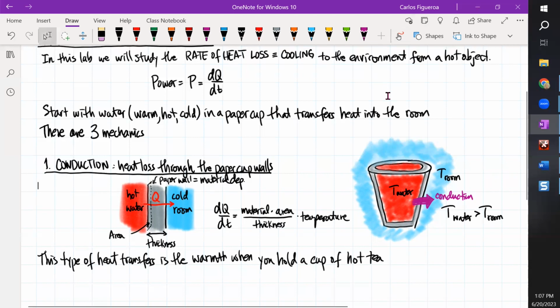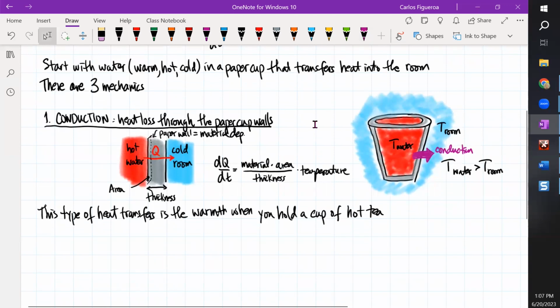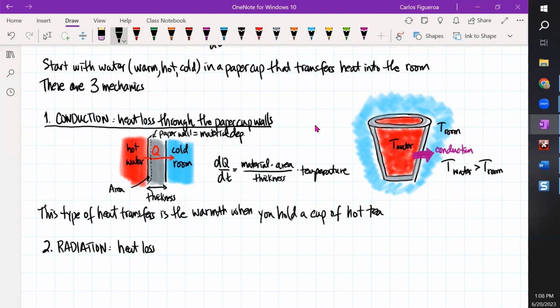The second type of heat transfer that I want to talk about is radiation. In radiation, this is the heat loss due to infrared waves, sometimes known as heat waves, from the object.